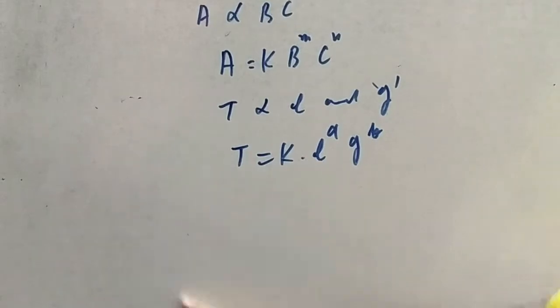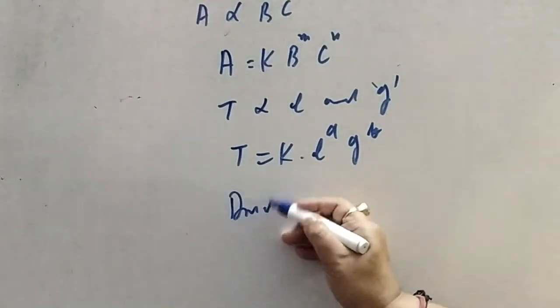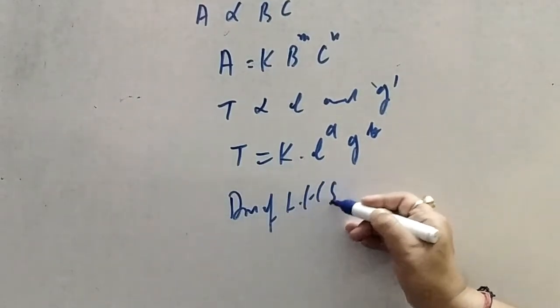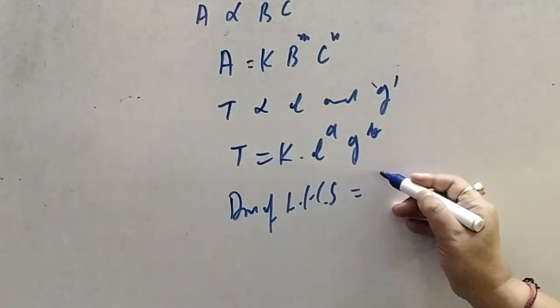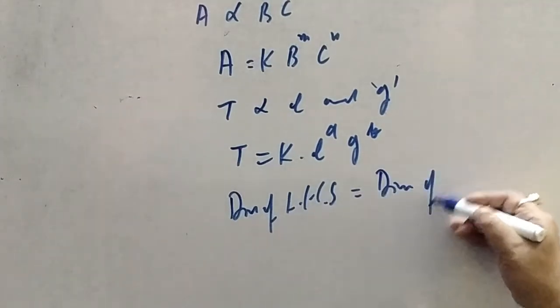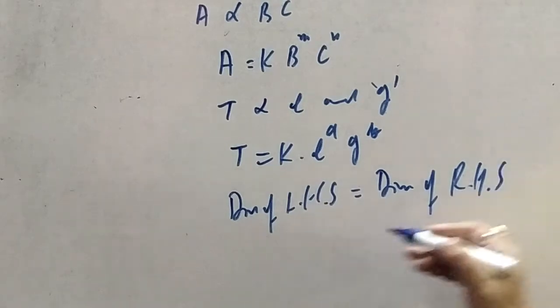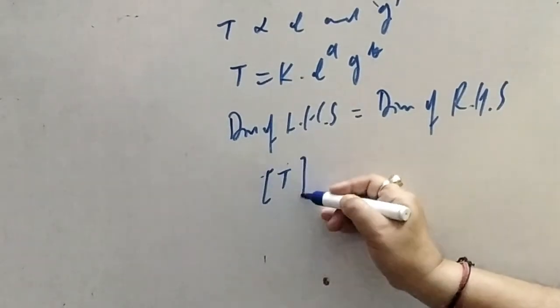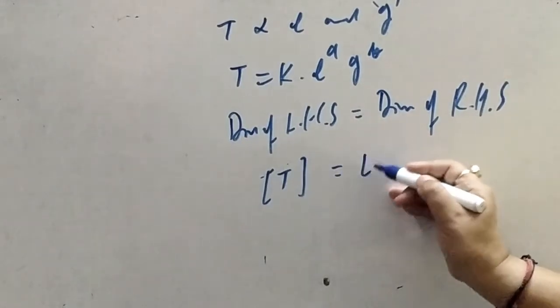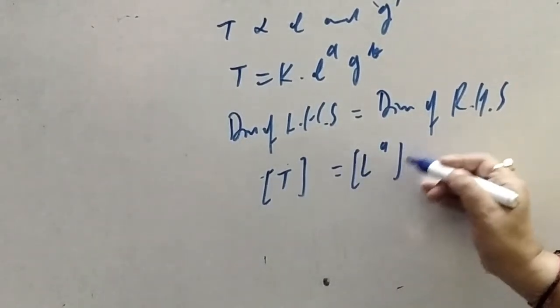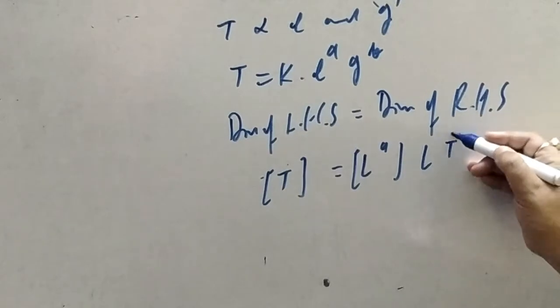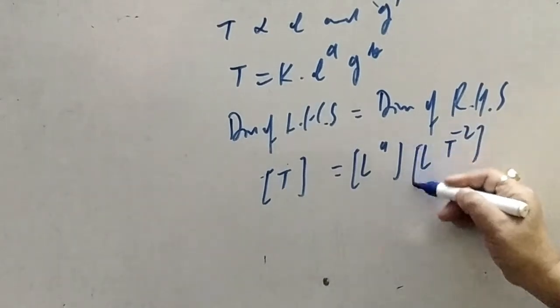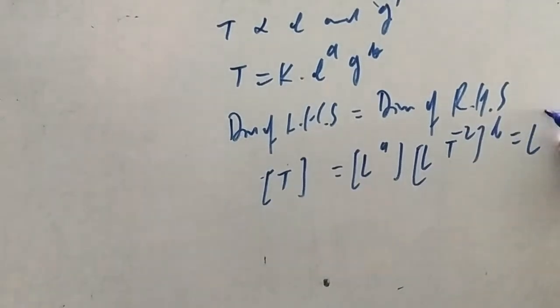The principle of homogeneity means the dimension of the left hand side equals the dimension of the right hand side, that is T. Here we write L to the power A and L T minus 2 to the power B, which gives L to the power A plus B and T to the power minus 2B.